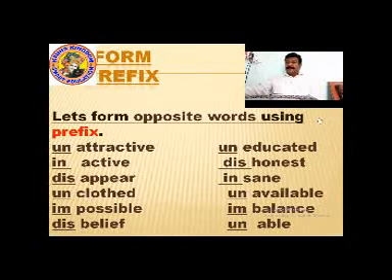So now let's repeat all the opposite words formed by prefix. Unattractive, inactive, disappear, unclothed, unavailable, impossible, imbalance, disbelief, uneducated, dishonest, insane.